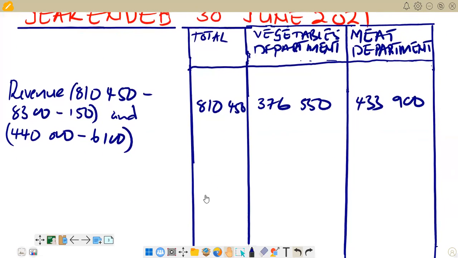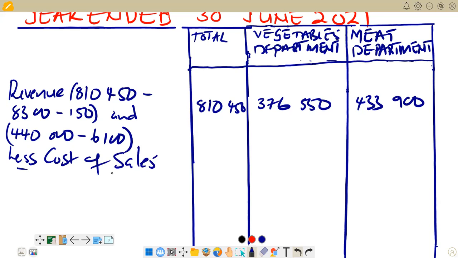Remember, after that we are supposed to subtract the cost of sales. So here you can just say less cost of sales. And we know that when you say less, we are subtracting.